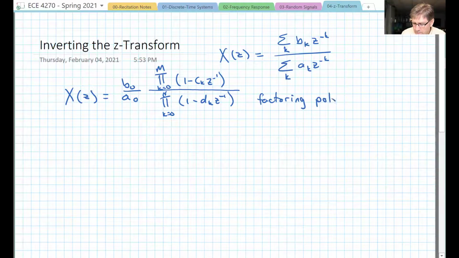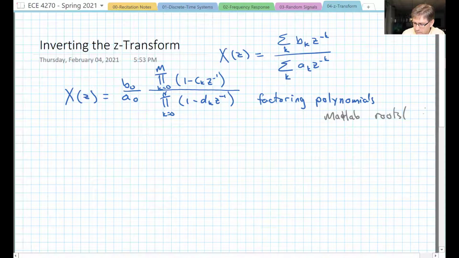Now, as you may know, it's easy to factor something that is second order. Third order is possible, but often difficult, and beyond that, it's very difficult to do by hand. Fortunately, in MATLAB, there's a function called roots that you can use to factor a polynomial.